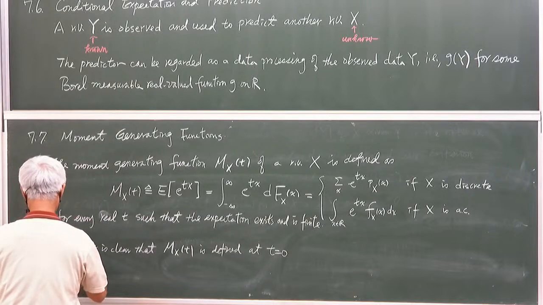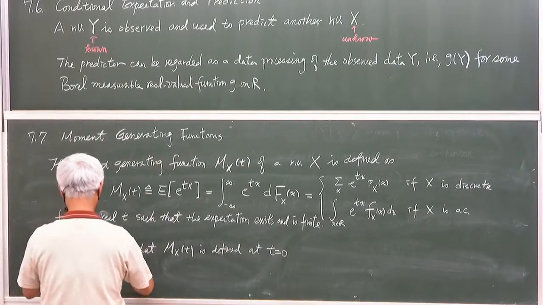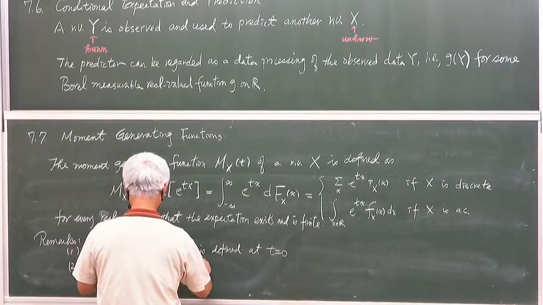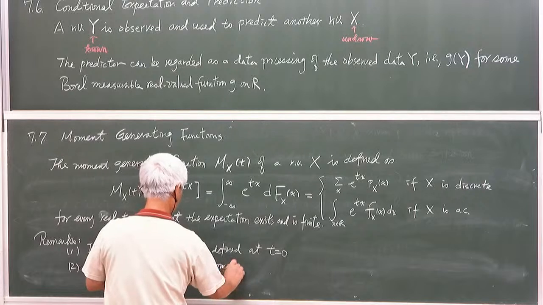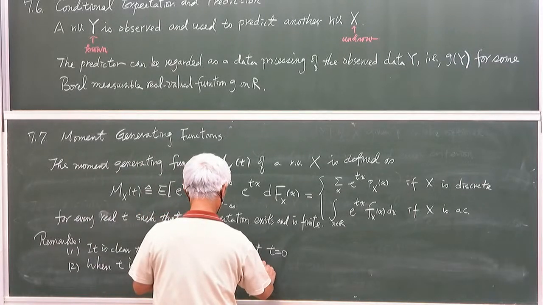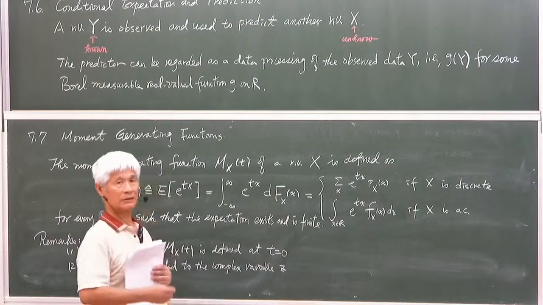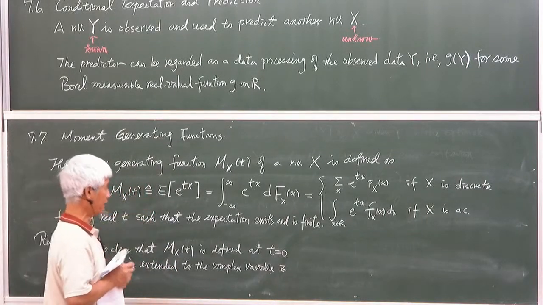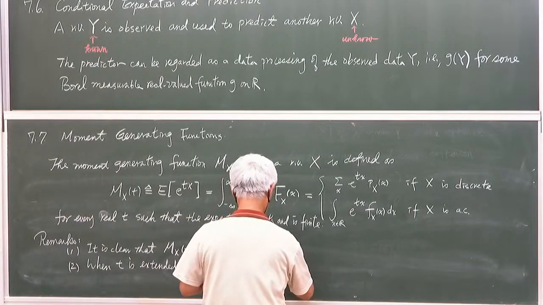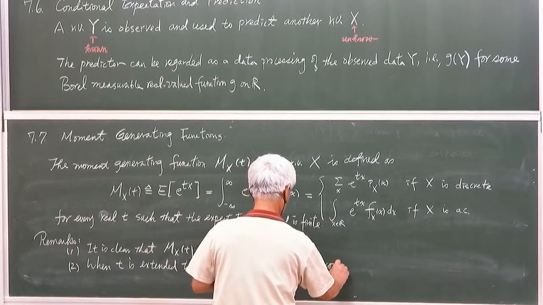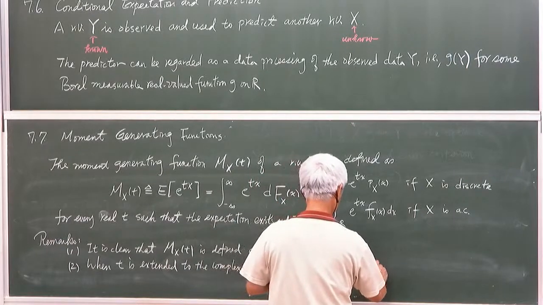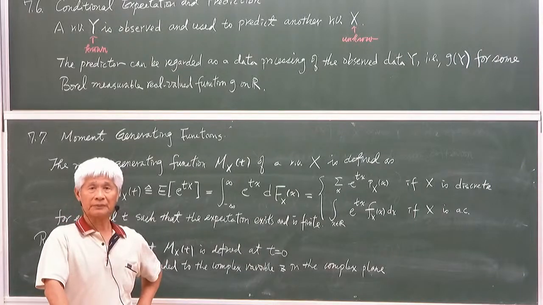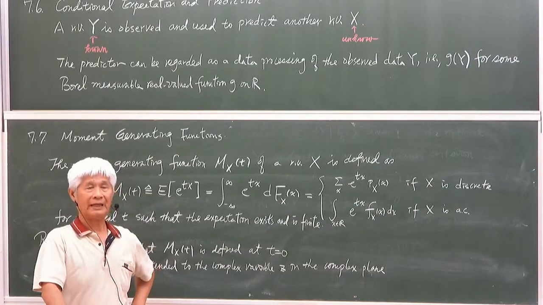The second thing: when t is extended to the complex variable z, so if we extend real t to complex z in the complex plane, this becomes a function of a complex variable.